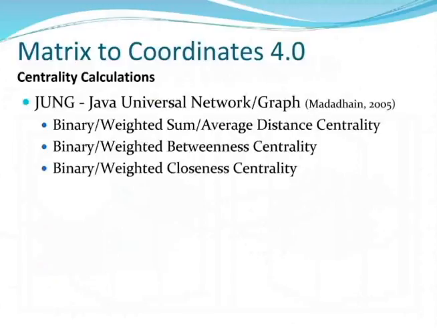Okay, one of the neat features that the program will also do is calculate centralities for you. For those of you that know social network analysis and network analysis, there are a series of centrality measures that you can find in many programs.